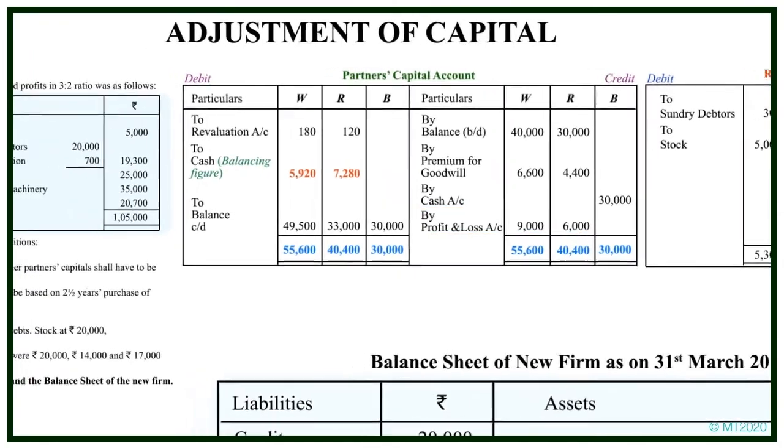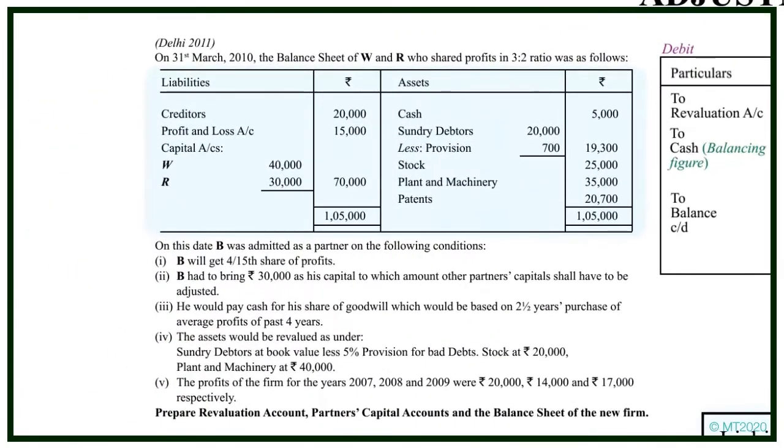The third item which we can see on our liability side is capital accounts. In the question, the balance sheet shows the capital account of only the old partners W and R. But when we are making the balance sheet of the new firm, that is on B's admission, we have to include B also in the capital account while writing the capitals of the partners.